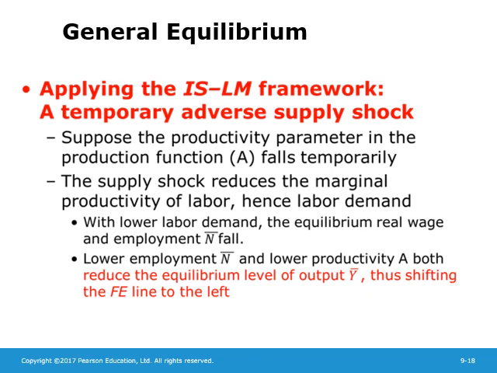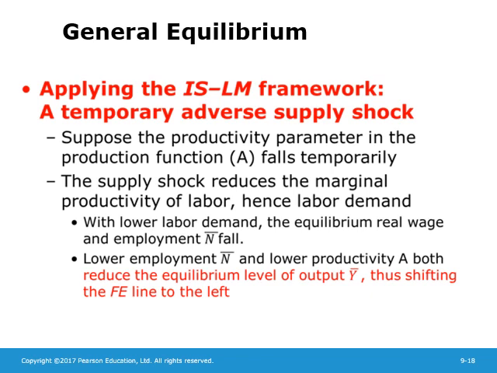Both decrease. If you draw the graph of labor supply and labor demand and shift the demand curve downwards, because it decreased due to the temporary supply shock, which decreased MPN, we have, at the new equilibrium point, lower wage and lower N-bar. So the level of employment decreases.